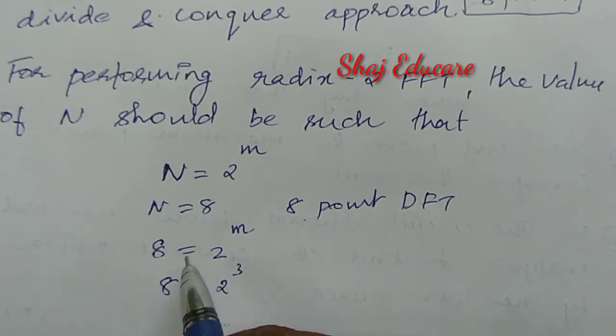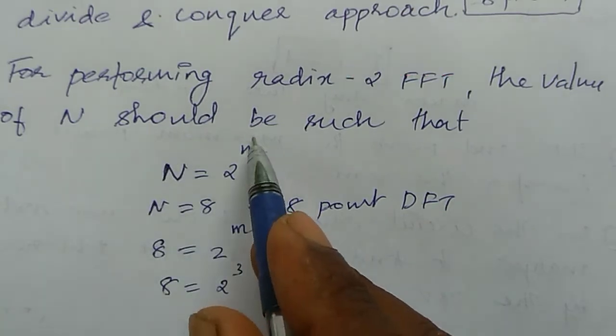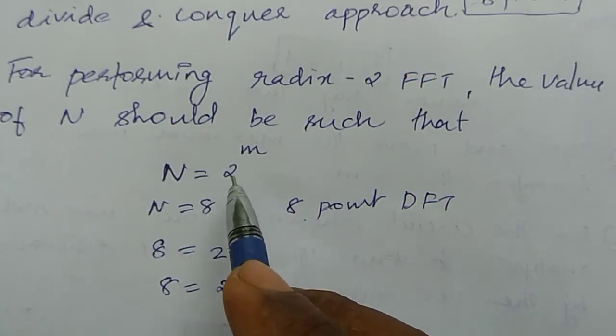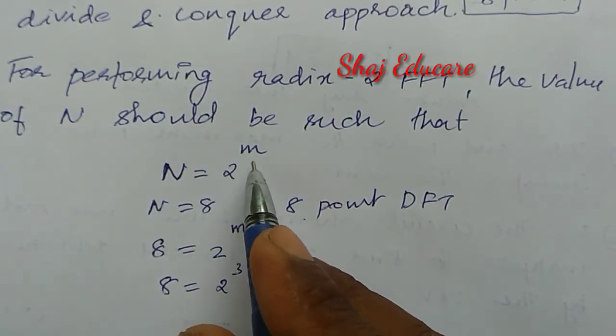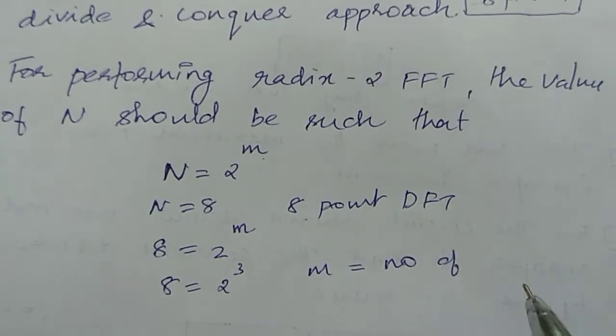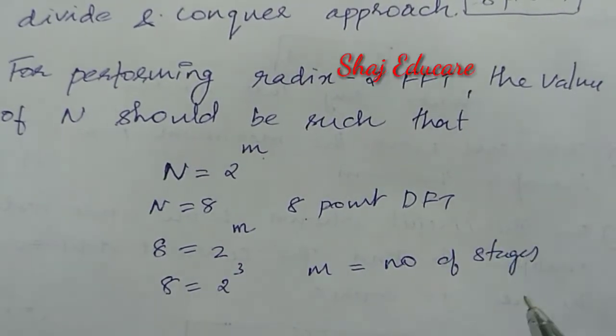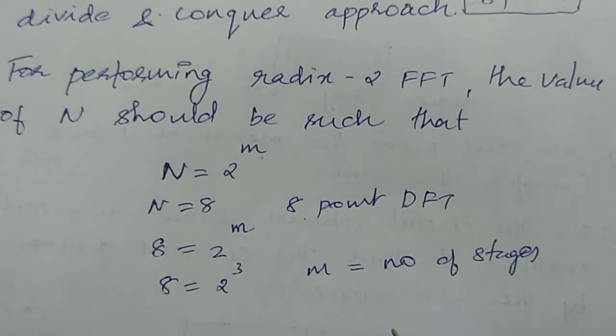That means we can express N in terms of this equation, where m is the number of stages, the number of stages required for computation, or otherwise the number of computational stages.